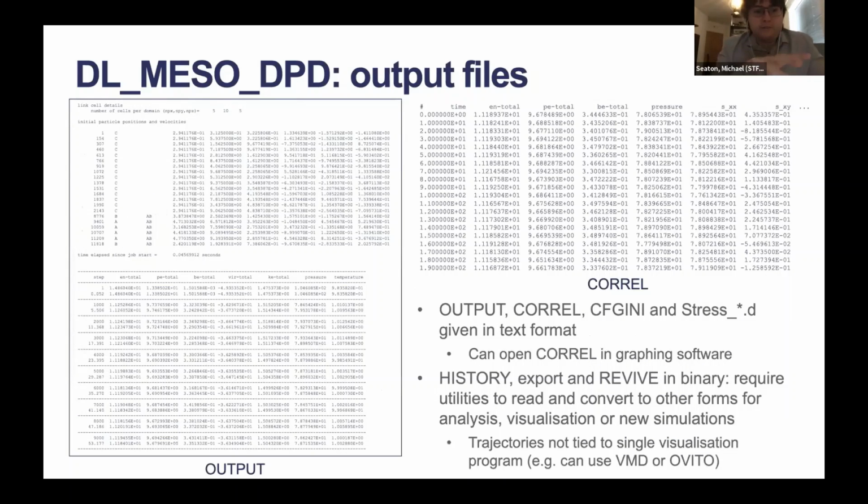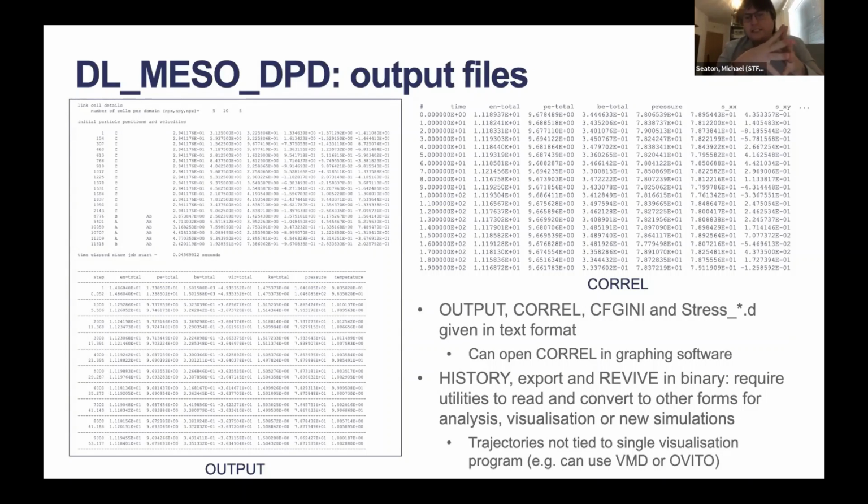And then the output files that you get, the ones that are readable, are the output file, which gives you the summary of the calculation, both what you've included in the input files and as the simulation progresses. And then the other file gives you the values of particular properties at given points in time. The other major file that you might want to use, the history file, is actually in binary, and so is the export file.